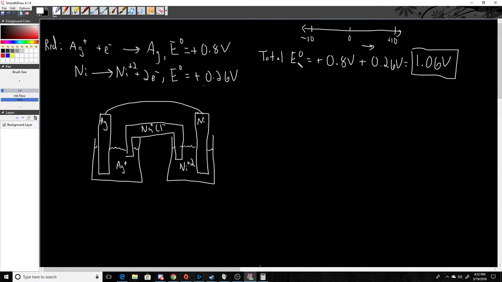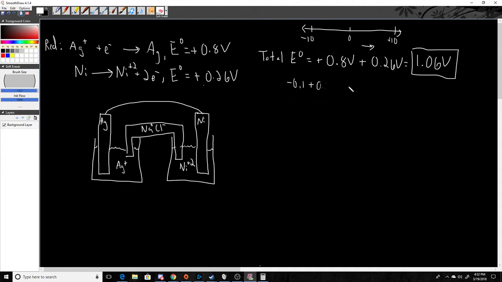Because even if both of our numbers were negative, let's say I started with negative 0.1 and negative 0.2 here, when I flip this, it becomes positive, so I'm adding 0.2 and I'm still going to end up with a positive 0.1.